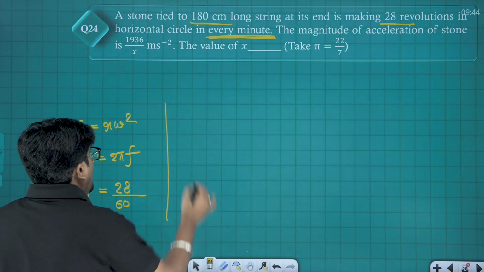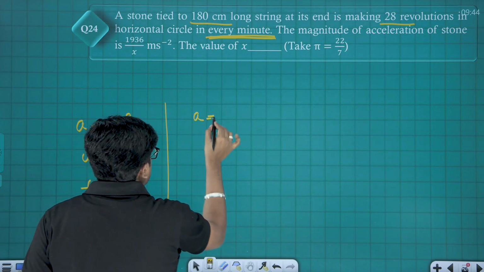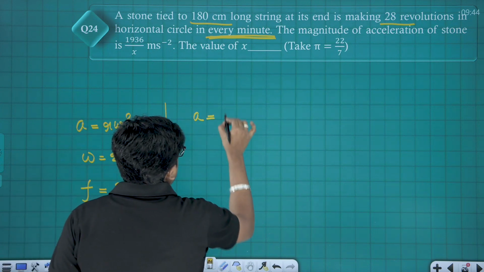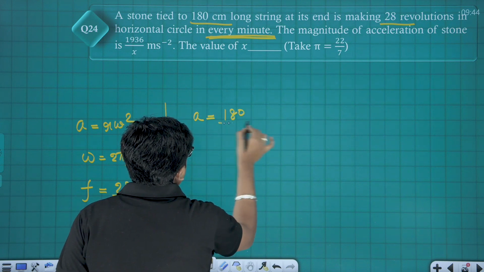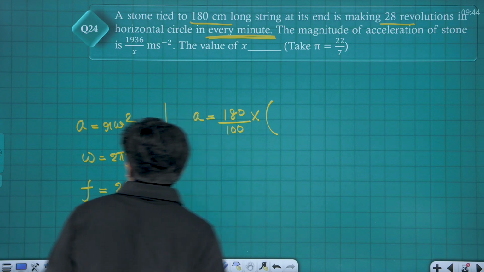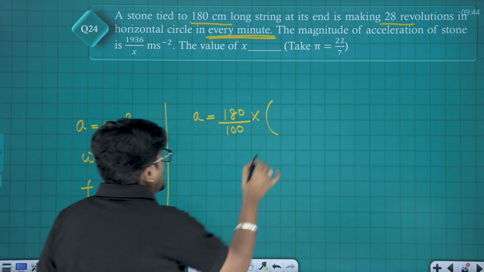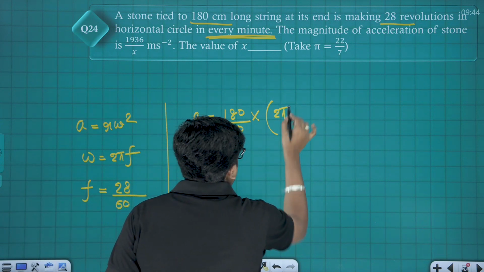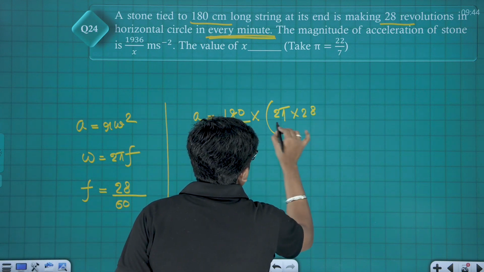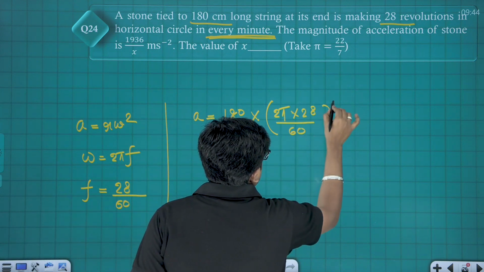Now acceleration A is equal to R omega square. What is the value of R? 180 centimeter, that is 180 divided by 100, into omega square, which means 2 pi into, for F what we have is 28 divided by 60, all square.